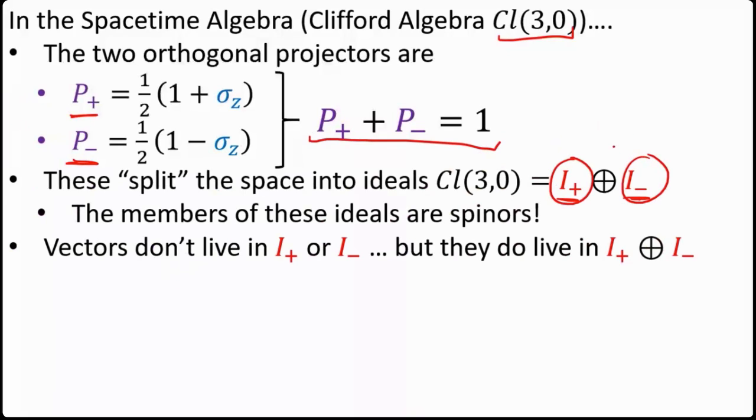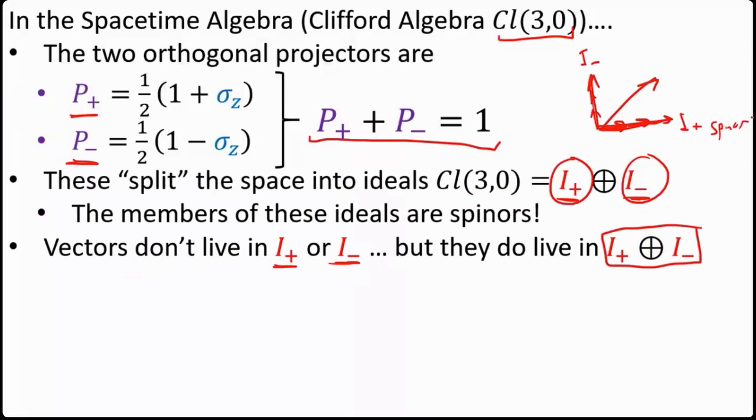So let's see what that means. Do you remember how I said that if we have an ideal here and an ideal here, alone we can't really escape them, but if we add them together we can get something new? Spinors live inside these two, but vectors, we can't get from either one alone. We need them both. Spinors live here, spinors live here, but vectors only live in the bigger space where we add them together, which is I plus direct sum with I minus.